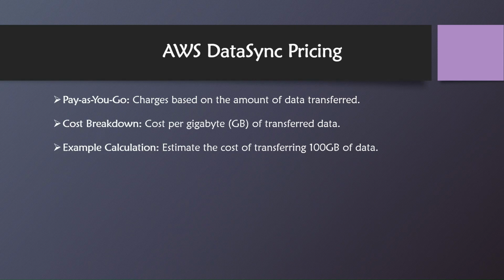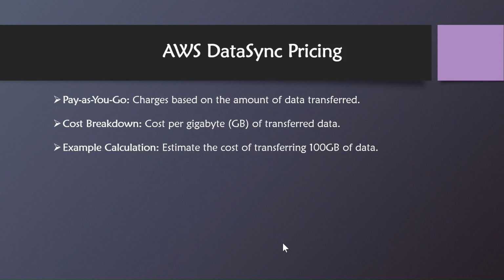Therefore, transferring 100 GB of data would cost $1.25. However, pricing may vary by region, so be sure to check the current rate for your specific location and destination. Note that cost may vary based on the region and the destination of your data, such as Amazon S3, Amazon EFS, or Amazon FSx. Always review the most up-to-date pricing information in the AWS Pricing Calculator or the AWS DataSync pricing page before initiating a transfer.